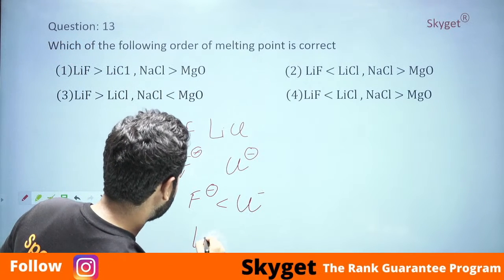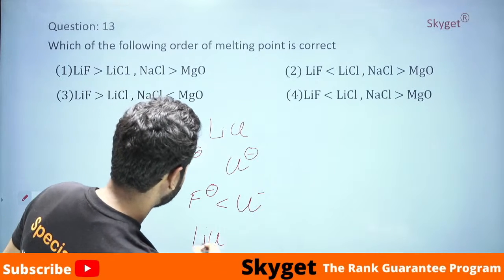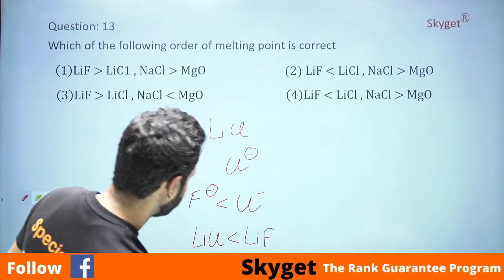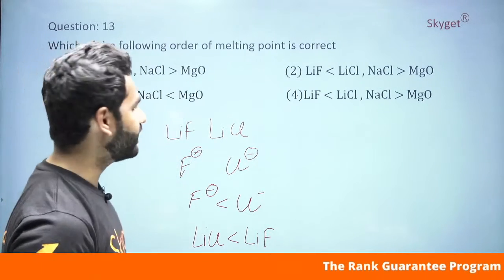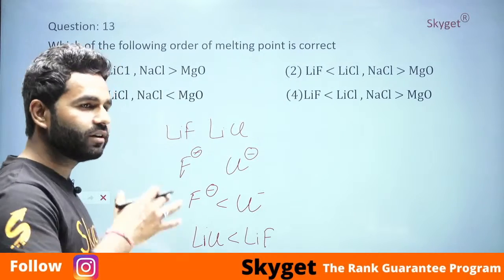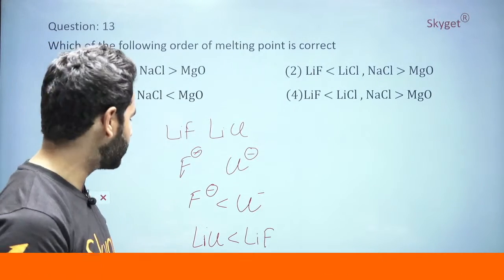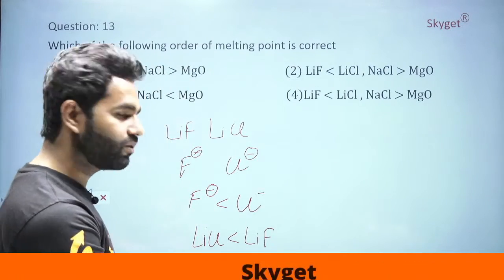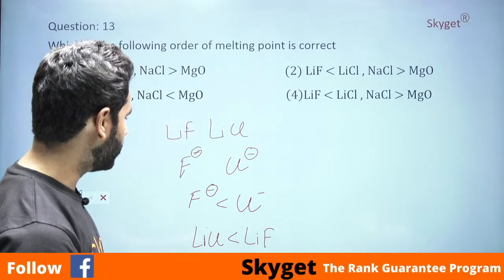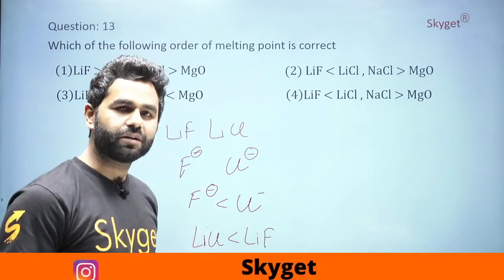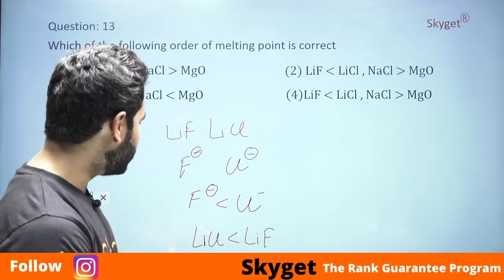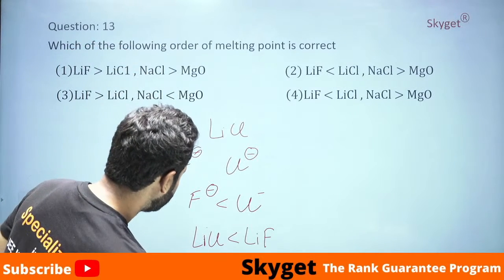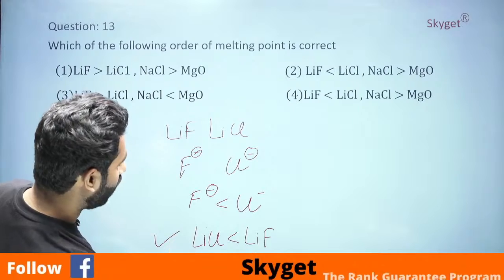It means the lattice energy of LiCl is less than the lattice energy of LiF. Another thing, as I told you earlier, lattice energy is the energy required to break 1 mole of ionic solid into its constituent gaseous ions. So the higher the energy required, the higher the strength between the ions of this ionic compound. Okay, so this is the order of lattice energy.